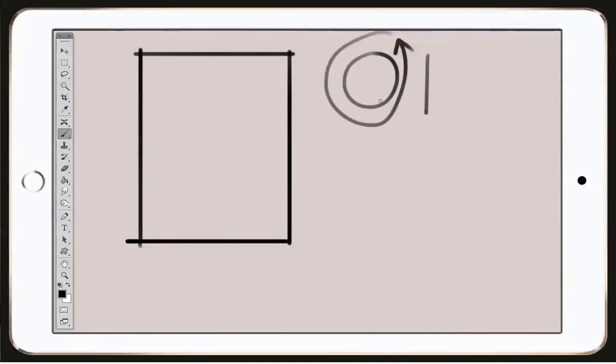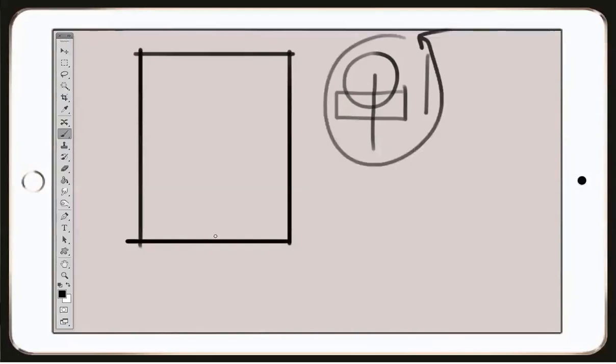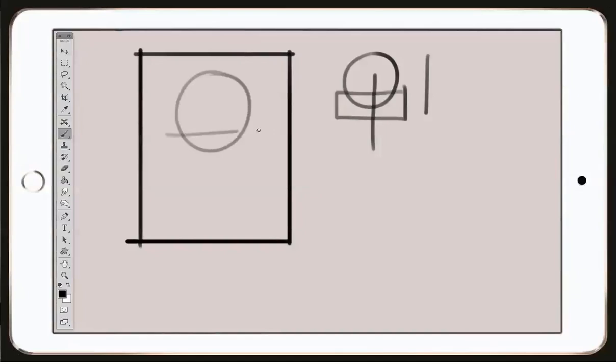So here I have the circle, but I could also combine it with the rectangle. And then I could also add a line. And this could be my underlying structure. So it could be something like this, for example. And then this line here would be a figure standing here, like this, for example.